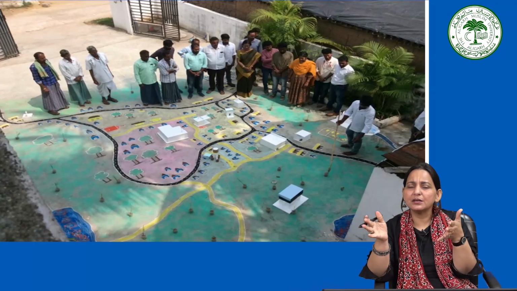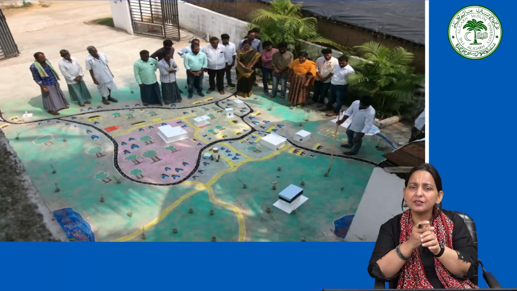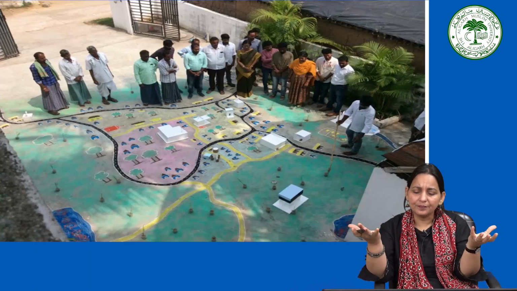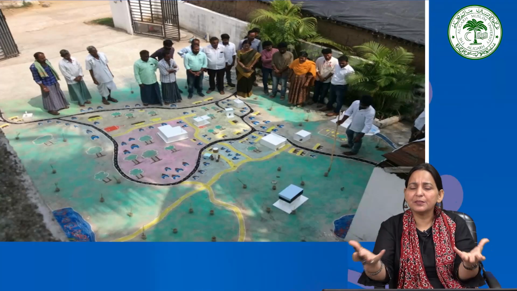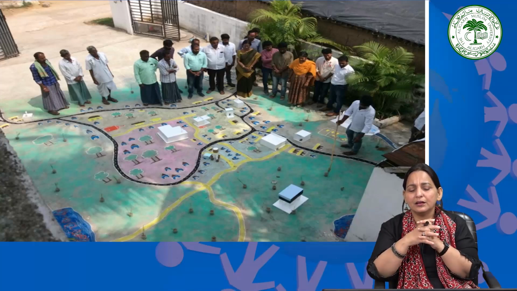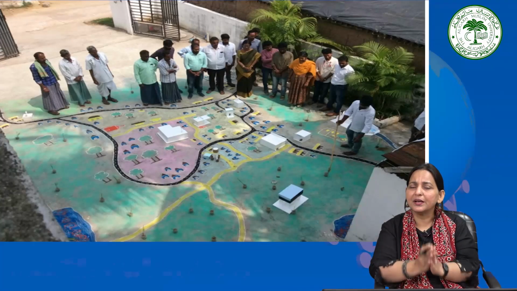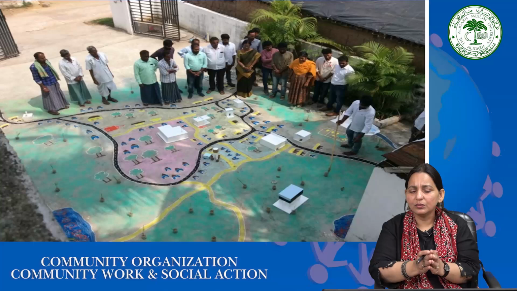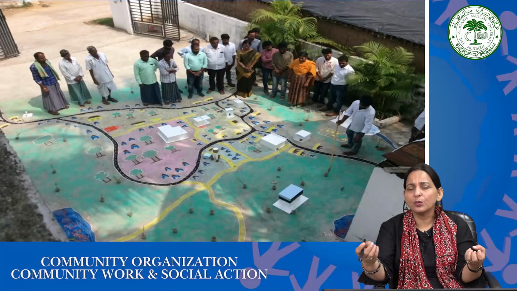It has been used in a number of other fields also, where a miniature of any building or any area has been constructed. That is also a kind of modeling that could be used in the PRA technique to visualize the community's overall resources.